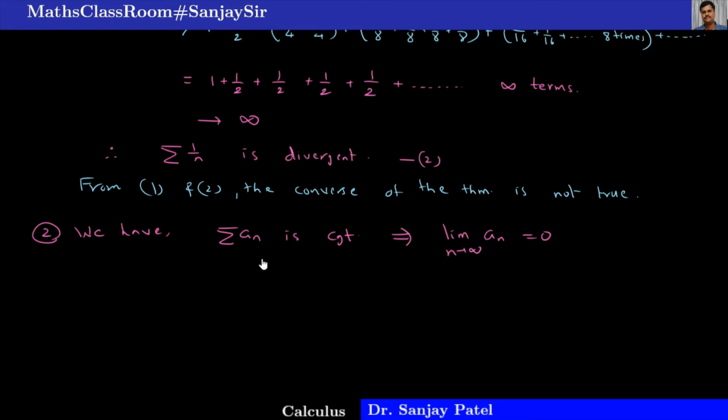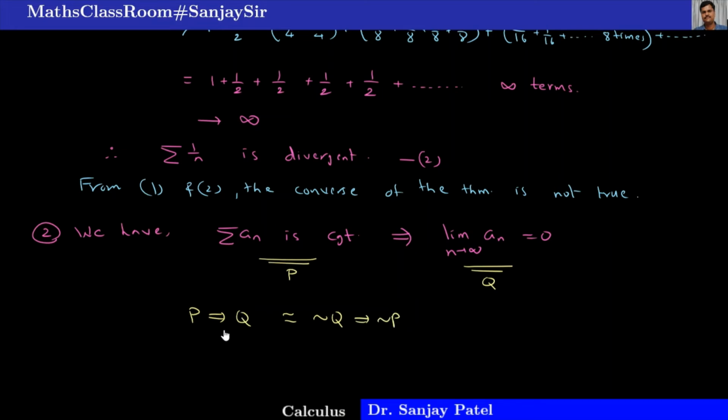Let me write this way. This is my statement P and this is my statement Q. And we know that if P implies Q is true, then it is equivalent to say that not Q implies not P. This is the contrapositive.